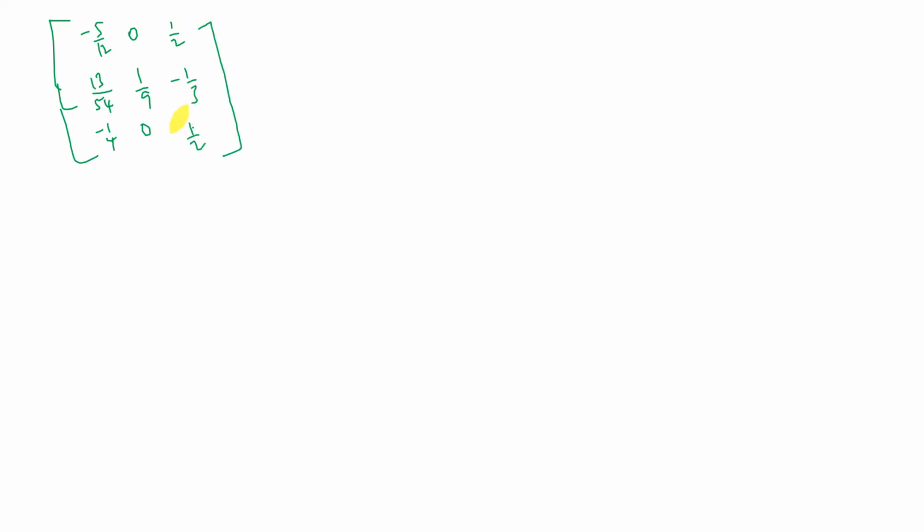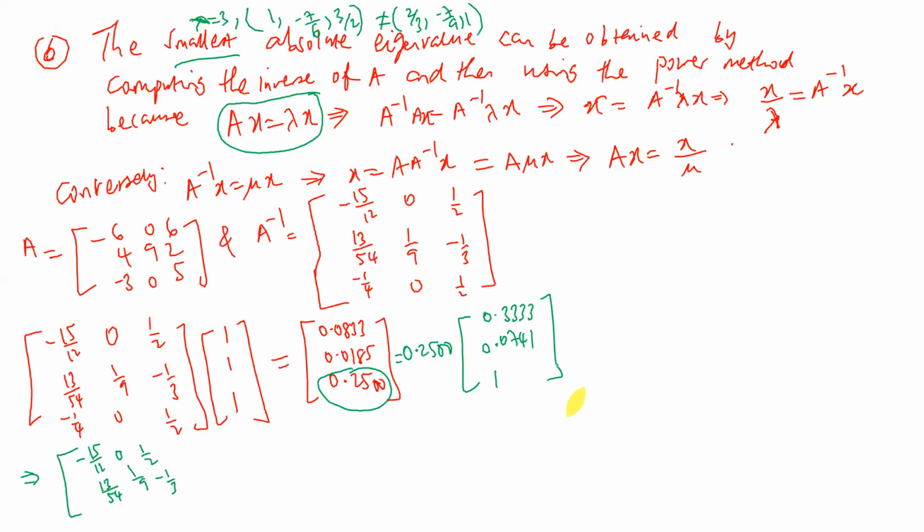Now you take the previous one, which is the 0 with the 3's and the 0, 0.7, 4, 1, and then the 1. Multiply the inverse of A by that one. 0.3333. 0.0741, 1.